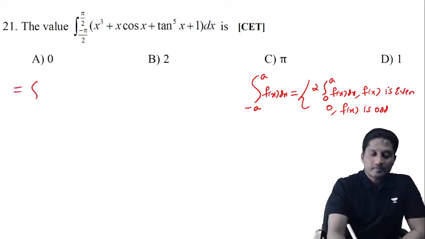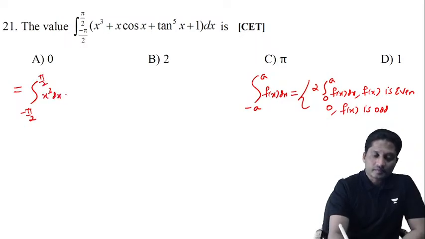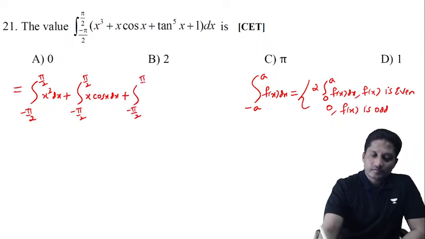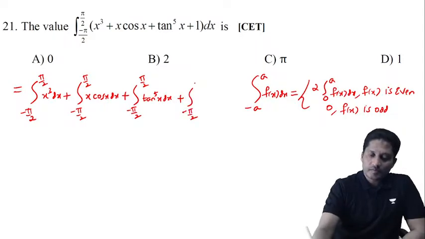If I separate them, this is minus pi by 2 to plus pi by 2, and then this is x cube dx, minus pi by 2 to plus pi by 2 x into cos x dx, minus pi by 2 to plus pi by 2 tan power 5x dx, and minus pi by 2 to plus pi by 2 dx.